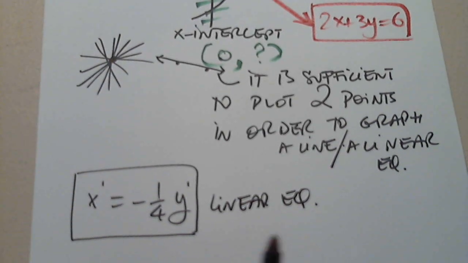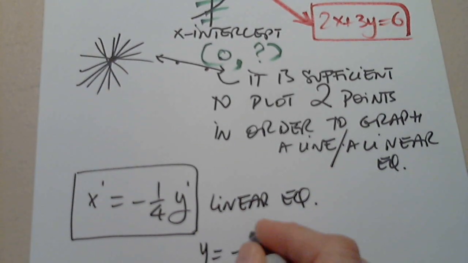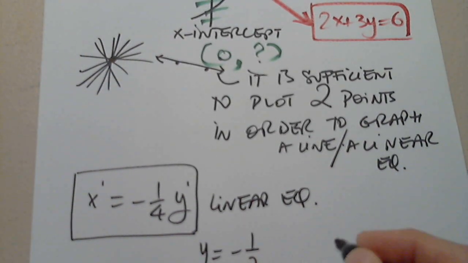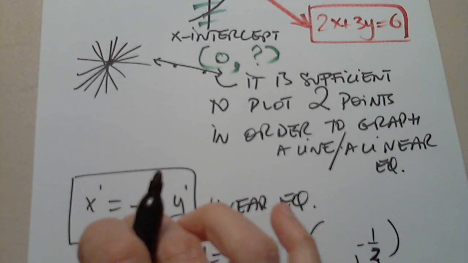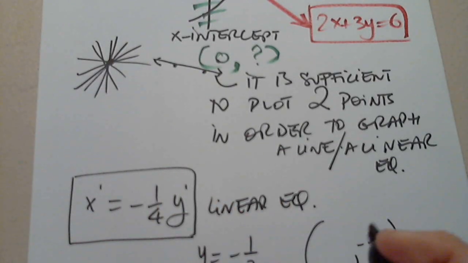Okay, so now they're telling us that y equals negative 1/3. Find the point with negative 1/3 that lies on this graph. In other words, they're asking us to find x.